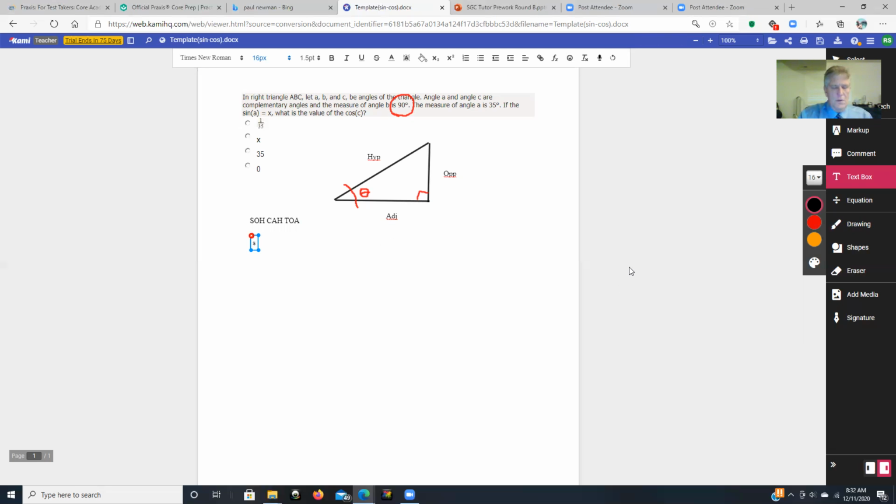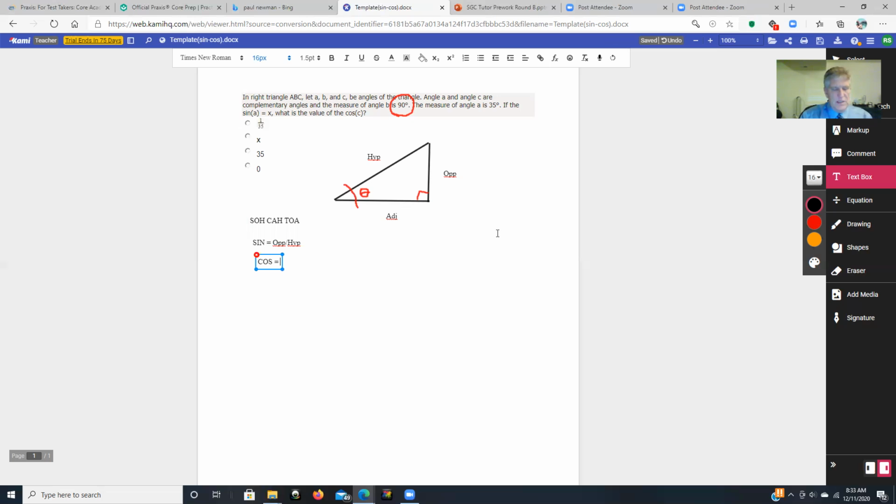the S stands for sine, and that's going to be opposite over hypotenuse. So that's your sine: opposite over hypotenuse. Then we're going to have the second function, which is cosine. That's going to be the ratio of the adjacent and the hypotenuse.